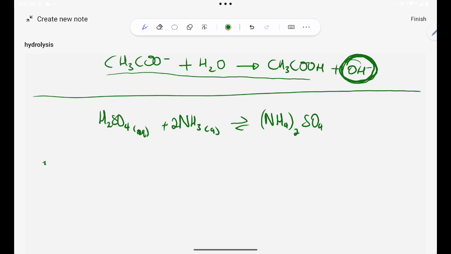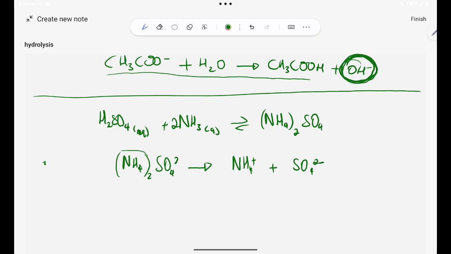We are reacting an acid and a base to form salt. The first thing we need to do is to dissociate our salt. There's (NH4)2SO4. Whenever you dissociate this, we'll simply have NH4 plus and then SO4 2 minus. Are you together?